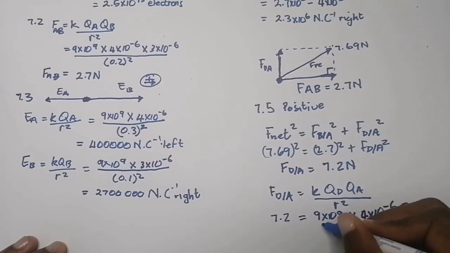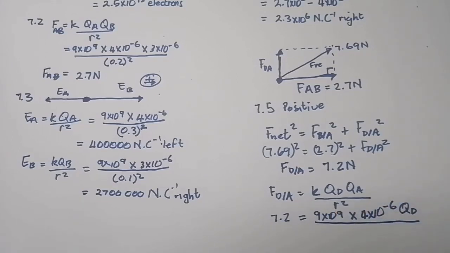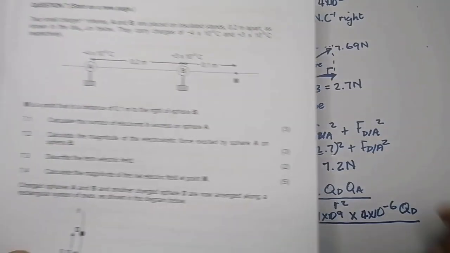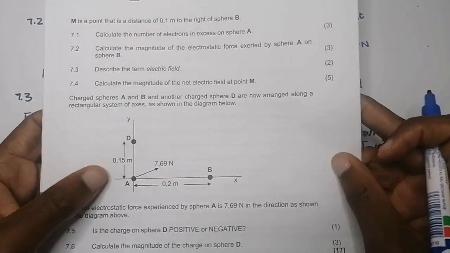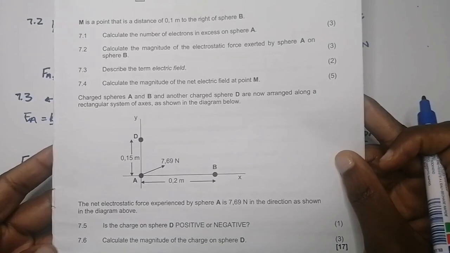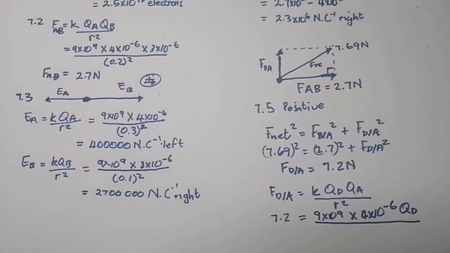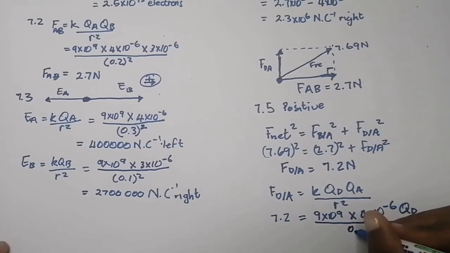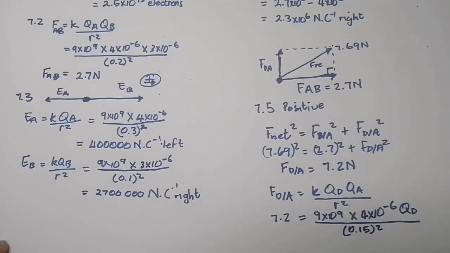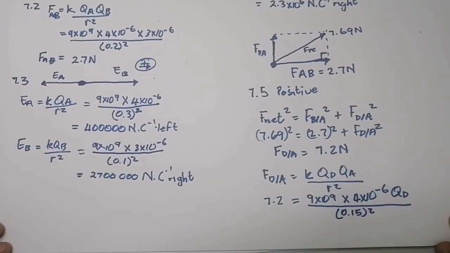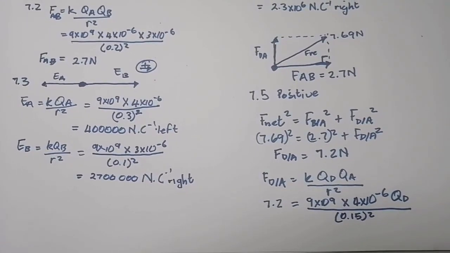Divided by the distance between them. Let me get this one closer again. The distance between them was given as 0.15 meters, so obviously divided by that 0.15 meters squared. All we need to do now is some mathematical gymnastics.